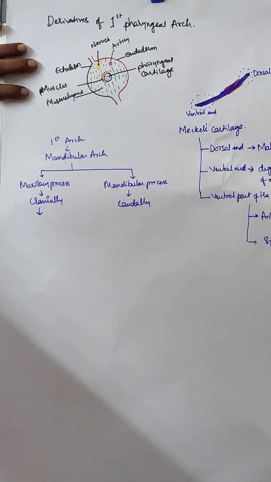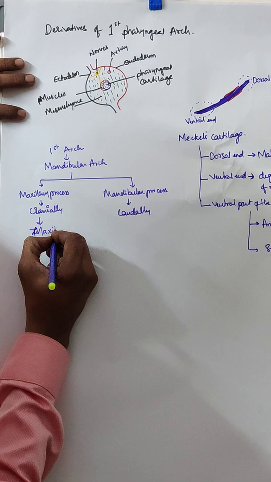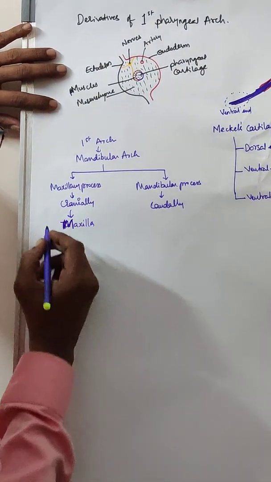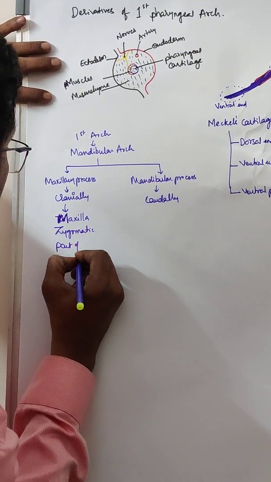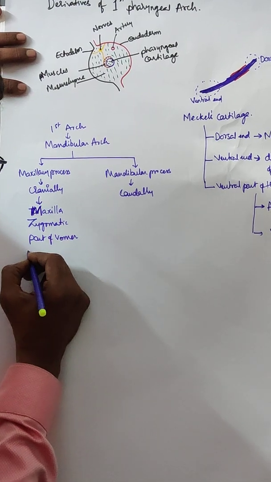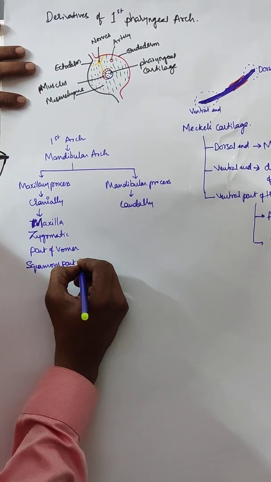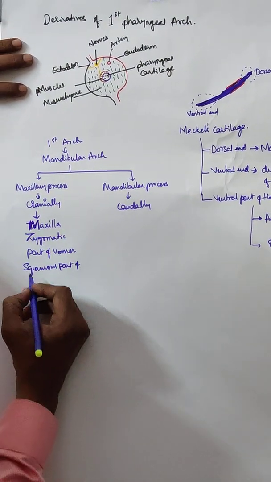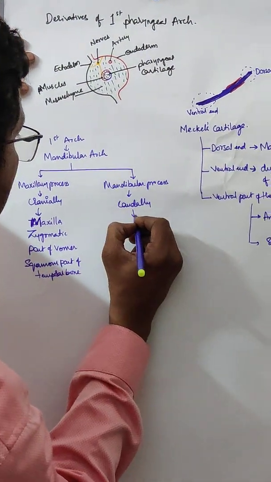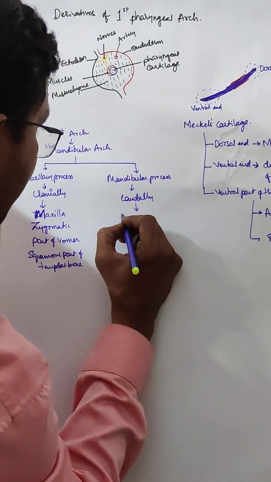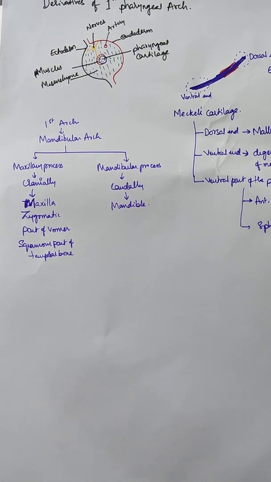This maxillary process will give rise to a few bones: first the maxillary bone, then the zygomatic bone, then part of the vomer bone, and also the squamous part of the temporal bone. While the mandibular process gives only one bone, that is the mandible. These are all the bones which are derived from the first pharyngeal arch.